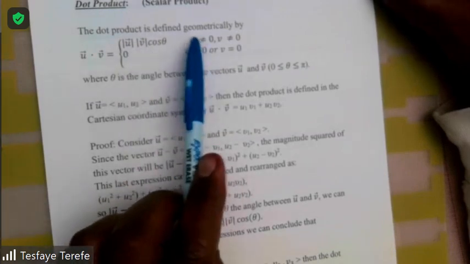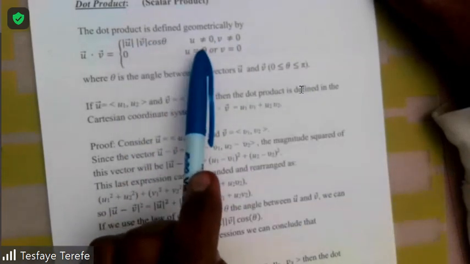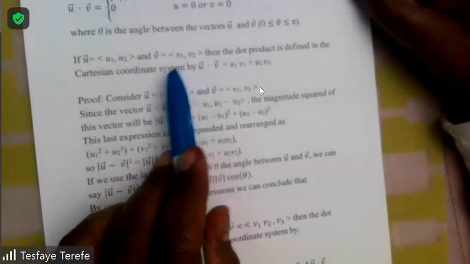When both u and v have a magnitude different from 0, we use this one. If either u or v is 0, no matter what the angle is, you are going to have a 0 dot product. Theta is the angle between the two vectors, and we always expect theta to be between 0 and pi. When it is in component form, the dot product of the two is multiplying each component and adding them, and you'll get the result.